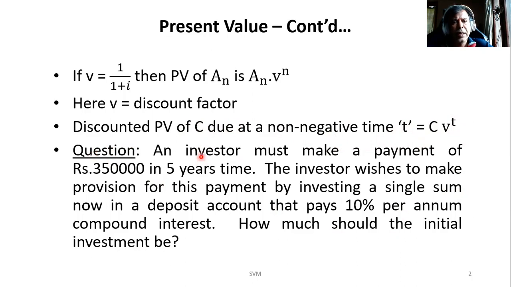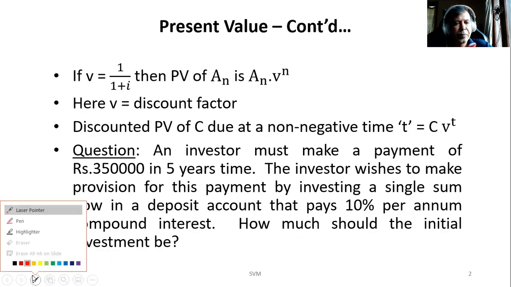Example, a question: an investor must make a payment of rupees 3,50,000 in 5 years' time. The investor wishes to make provision for this payment by investing a single sum now in a deposit account that pays 10% per annum compound interest. How much should the initial investment be?